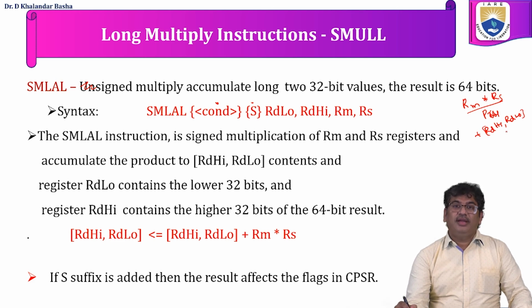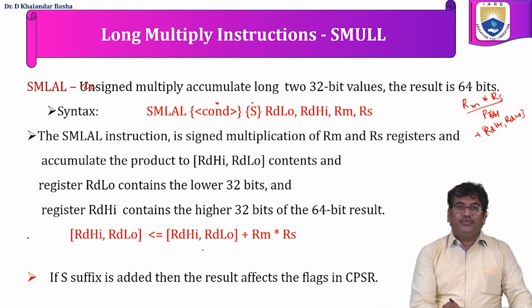Multiply followed by accumulation. The SMLAL instruction is a signed multiplication of RM and RS registers and accumulates the product to the register pair RDHI and RDLO contents, and the result again is 64 bits. Out of 64, the lower 32 bits are moved into RDLO and the upper 32 bits are moved into the RDHI register.